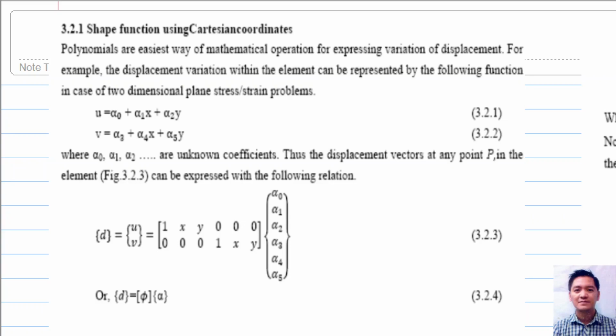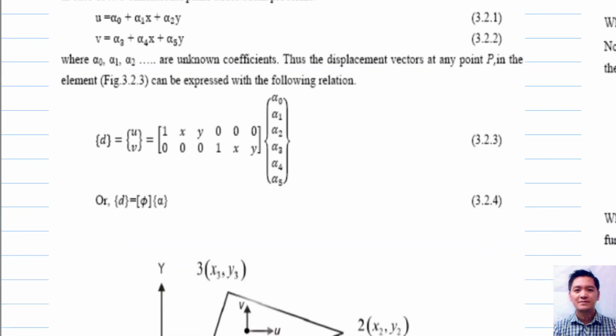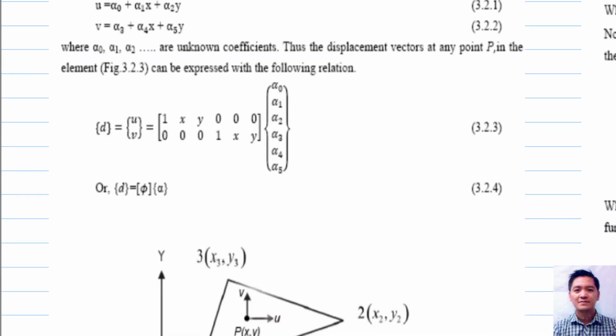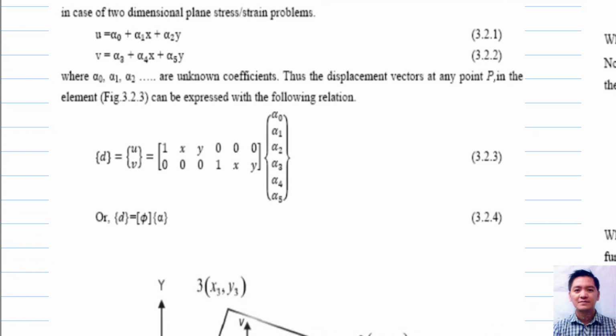So, kagaya ng sa beam and axial member. Thus, the displacement vectors at any point P in the element can be expressed with the following relation. So, familiar na tayo dyan, no? If you express in matrix form yung equation 3.2.1 sa 3.2.2, ganito yung itsura niya.